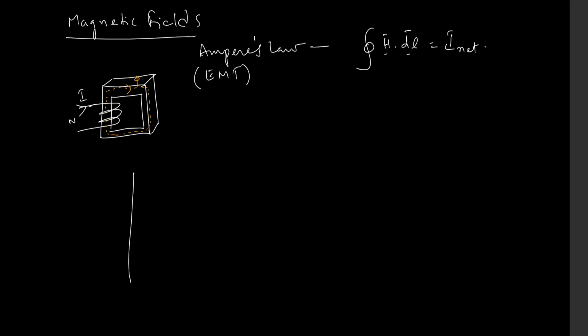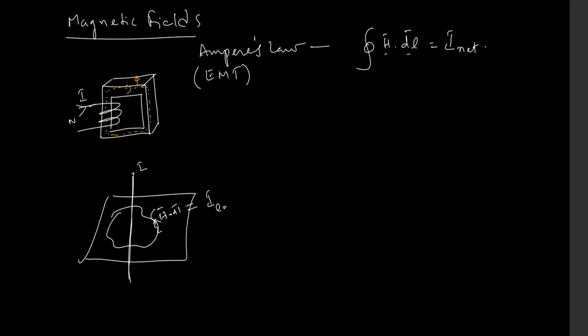You may have come across this one. So if I take the closed integral of this under any plane, H dot dl, these are two vectors, taking the dot product and summing all the summations, that will lead to the final current enclosed in this conductor.